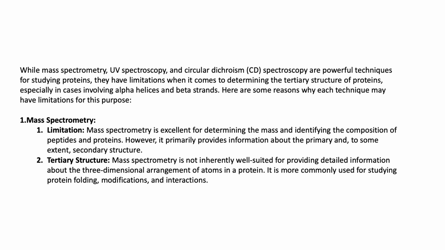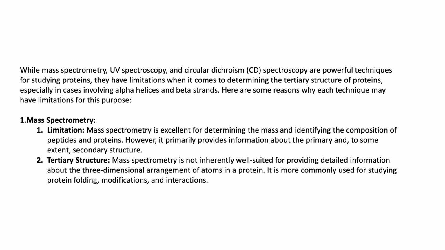While mass spectrometry, UV spectroscopy, and circular dichroism spectroscopy are all powerful techniques for studying proteins, they have limitations when it comes to determining the tertiary structure of proteins, especially in cases involving secondary structures like alpha helices and beta strands. Here are some reasons why.